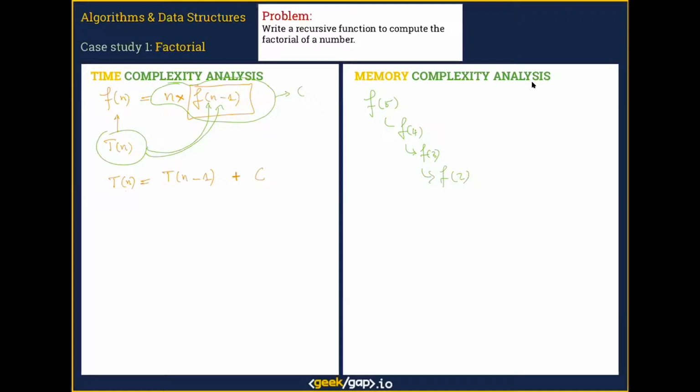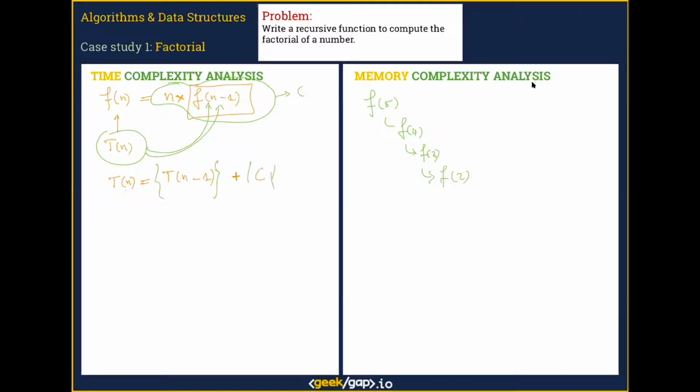So the time complexity t of n is equal to the time complexity of the multiplication, which is this factor here, plus the time complexity of n minus 1. Do you follow so far?